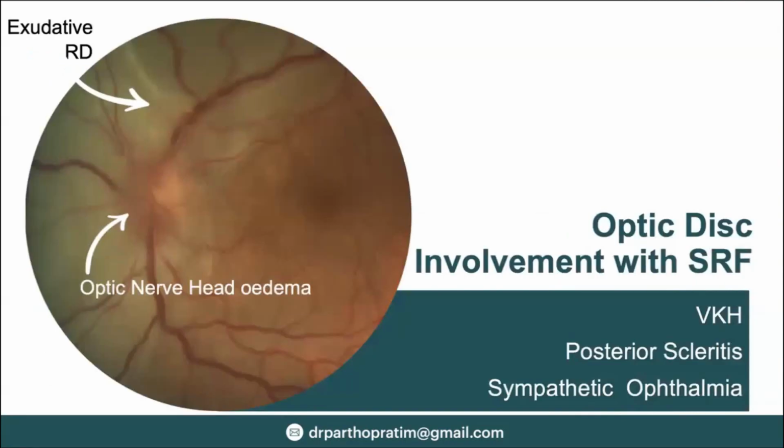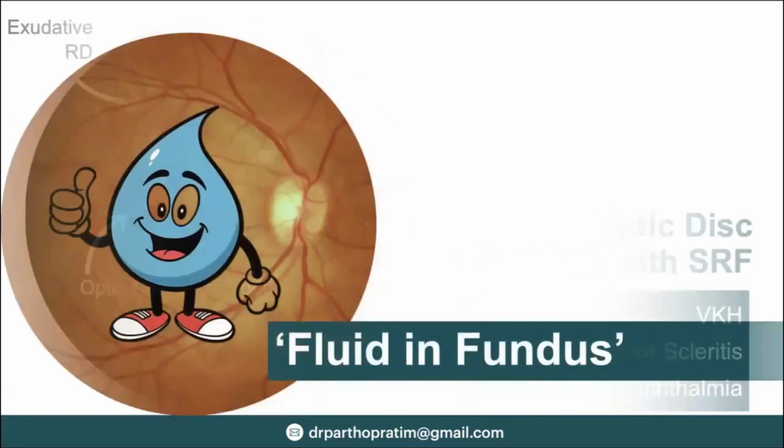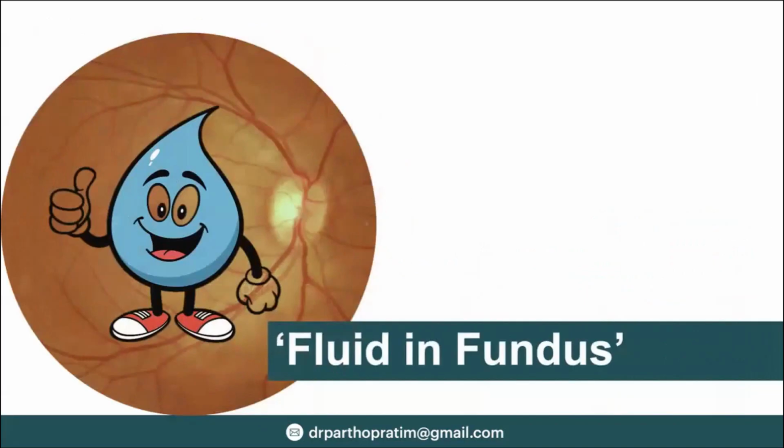Now, there are certain conditions where optic nerve involvement can be seen with subretinal fluid, like leakage, posterior scleritis, and sympathetic ophthalmia. So it's important to understand that optic nerve involvement can be associated with some other conditions also, and we need to rely on that.